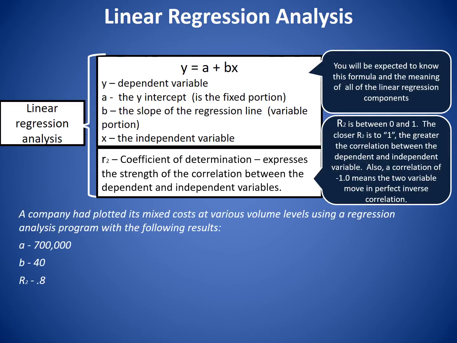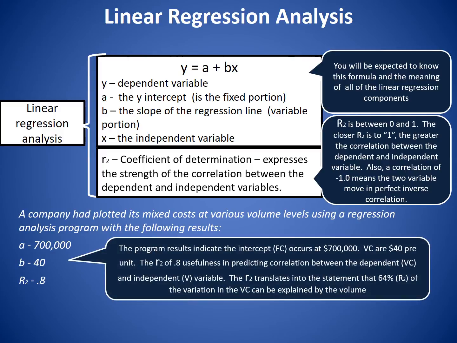Now, let's take a look at an example. A company had plotted its mixed cost at various levels using a regression analysis program, and we get the following results. The number 700,000, and later on we'll translate that to dollars, then the number 40, which will be $40, and R squared, which is 0.8. So here's how we would interpret that information.